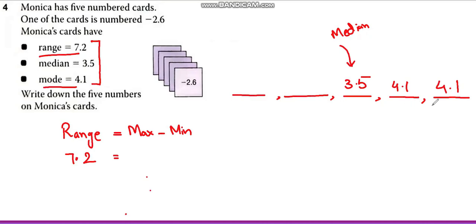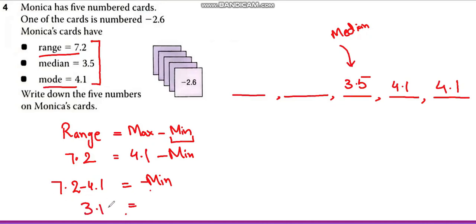After adjusting the mode 4.1, the maximum value becomes 4.1, and we have to figure out the minimum value. For that purpose, I can bring 4.1 here, like 7.2 take away 4.1, and on the right side there will be the negative minimum value. If I subtract 4.1 from 7.2, I will get 3.1. I can give the negative sign to 3.1, and write that the minimum value can be negative 3.1.